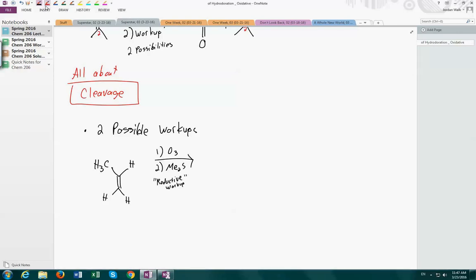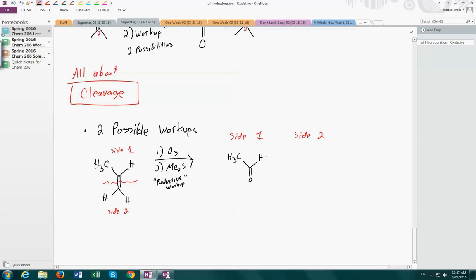And so what do we do? All right, so we know that it's all about cleavage, so we're going to cut this thing in half. And so let's say that this is side 1, and this is side 2. So over here we'll show our side 1 product along with our side 2 product. And so we copy everything over, except now we change it to a CO double bond.